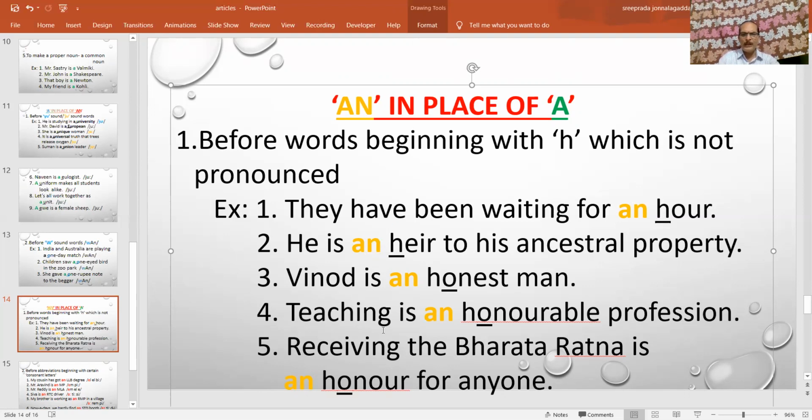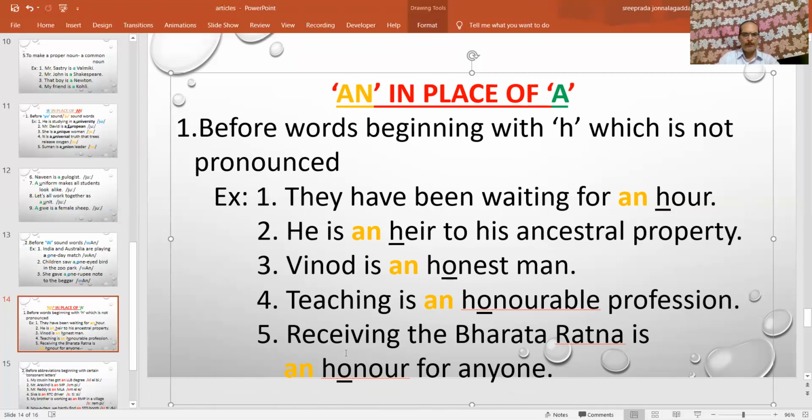Vinod is an honest man. Honest. Here also H is not pronounced. That's why we have to say an honest man. Next, teaching is an honorable position. An honorable position. We should pronounce it like honorable. That's why we have to say an honorable profession. Next one. Receiving the Bharat Ratna is an honor for anyone. An honor, not honor.